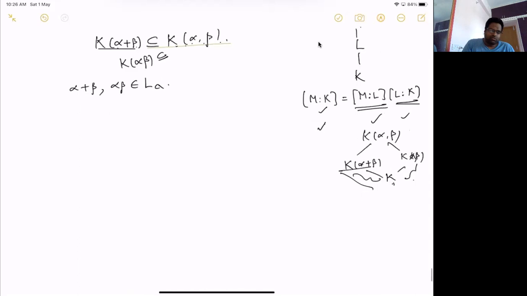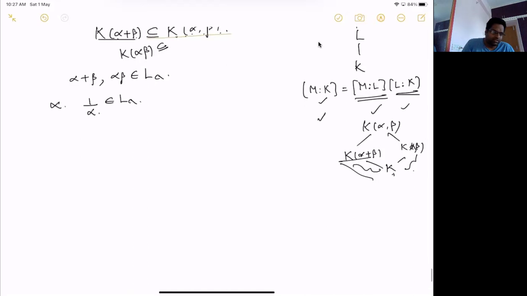Okay. Now, in order to show that L sub A is a field, all we need to show is, given some non-zero element alpha in L sub A, we need to exhibit that 1 over alpha also belongs to L sub A. Since alpha is algebraic, suppose m_alpha is the minimal polynomial, which looks like this: k_0 plus k_1 x plus ... plus x to the power of n, because the minimal polynomial is monic.